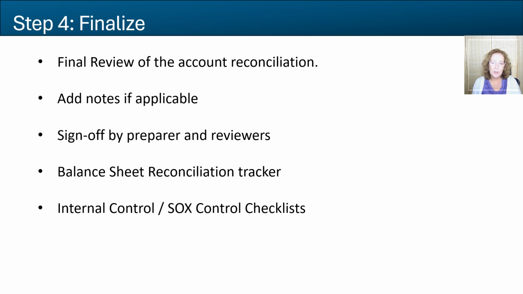Many companies also have internal and SOX control checklists that need to be updated in addition to updating the balance sheet reconciliation tracker. I have a separate video about the importance of the balance sheet reconciliation tracker and why it is crucial to maintain one for a successful month close.